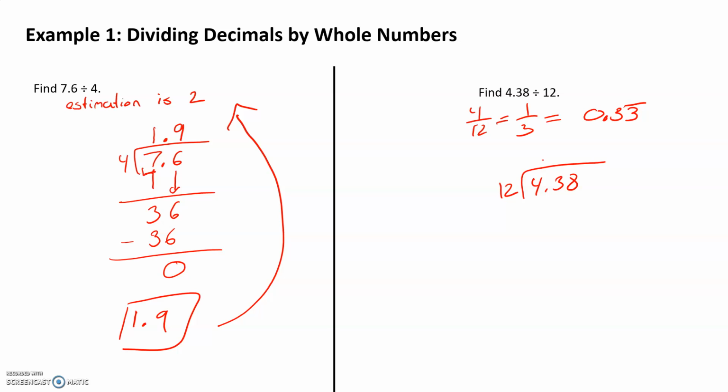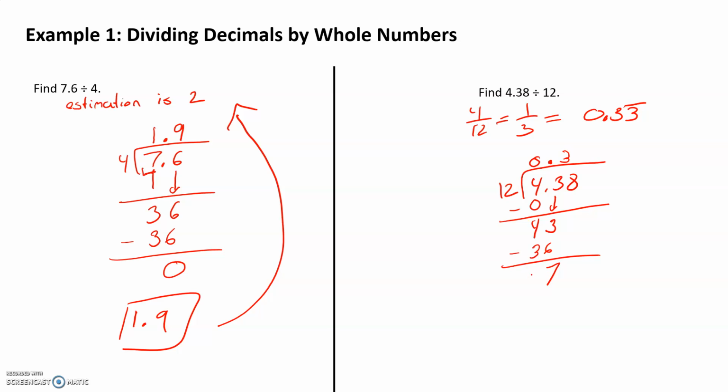All right, 12 goes into 4, 0 times. Bring that decimal right up. Drop down the 3. 12 goes into 33 3 times. 3 times 12 is 36. 43 minus 36 is 7.